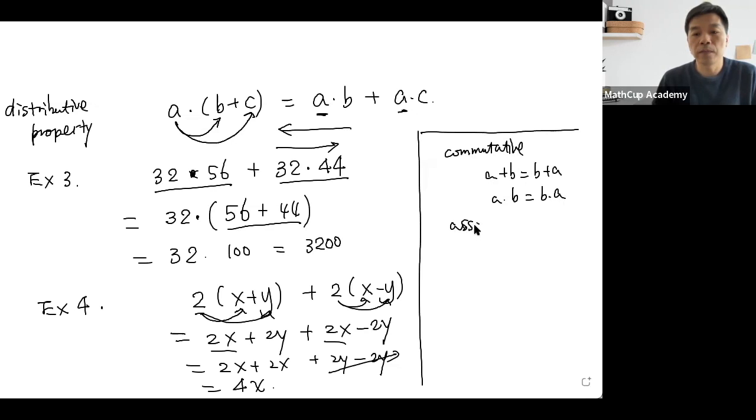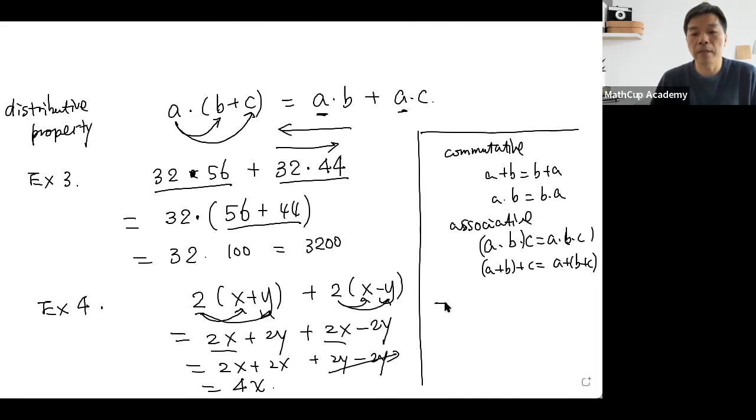Associative: (a times b) times c equals a times (b times c). And similarly, (a plus b) plus c equals a plus (b plus c). And the distributive law. Now you say this is true for plus and multiplication.